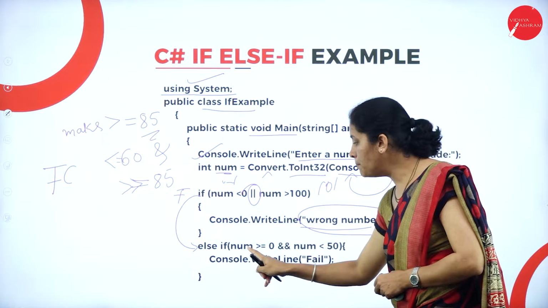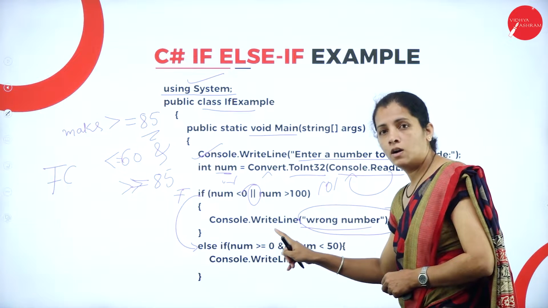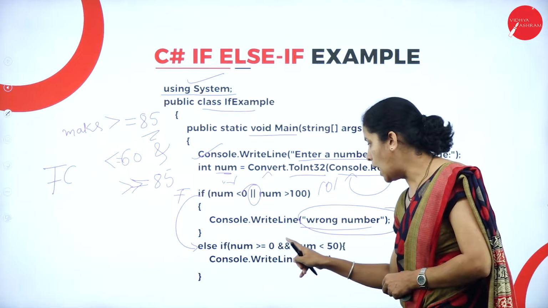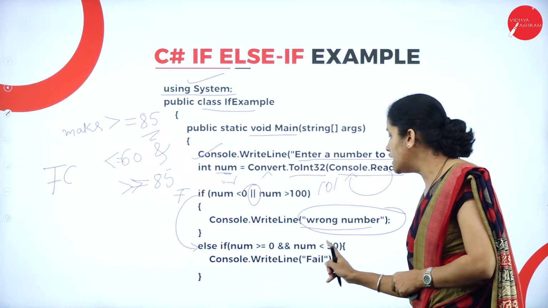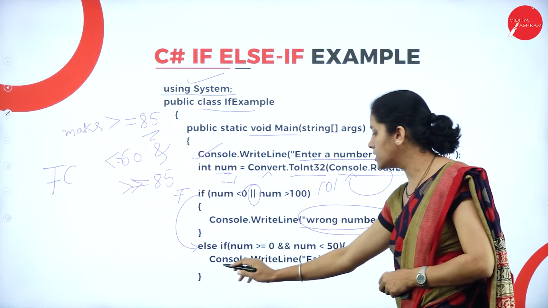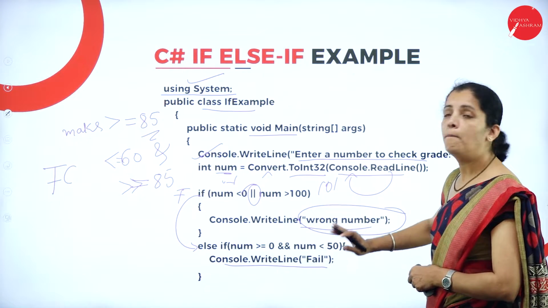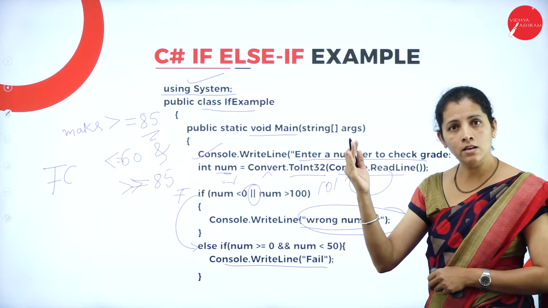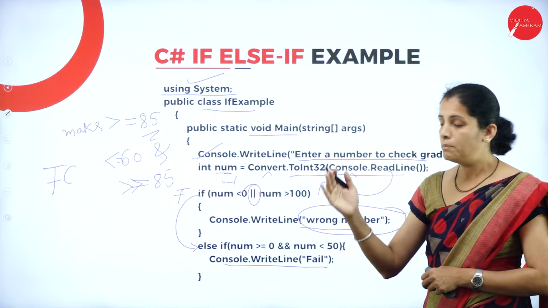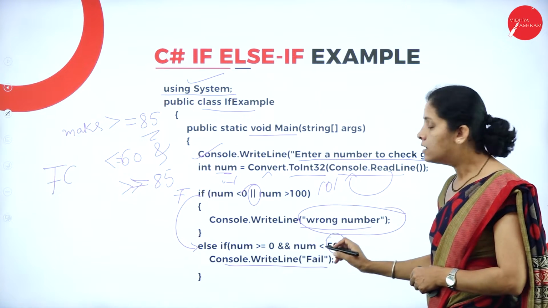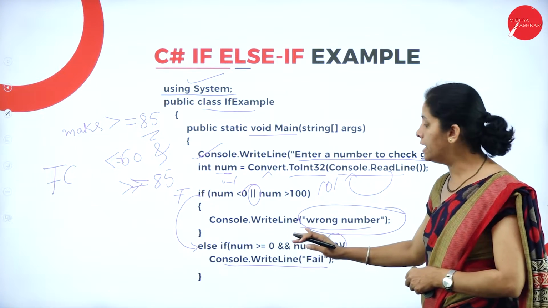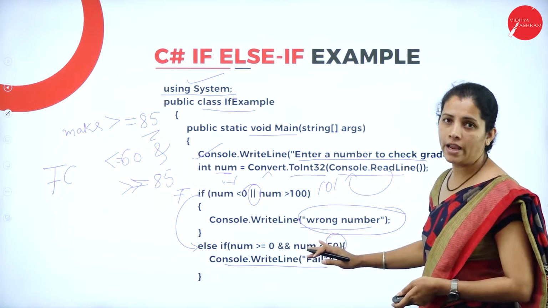If number is greater than or equal to 0 and number is less than 50, then it is nothing but fail. So the number must be greater than 50, but here a number less than 50 is treated as fail.